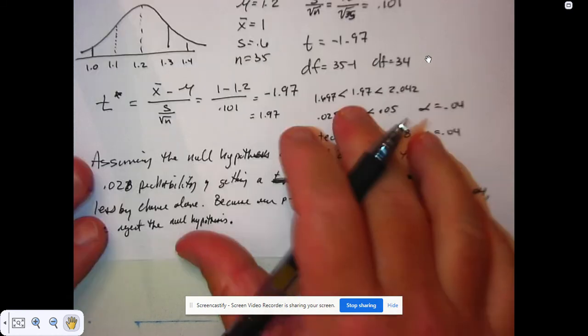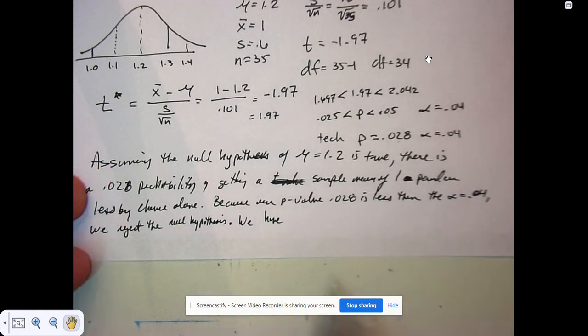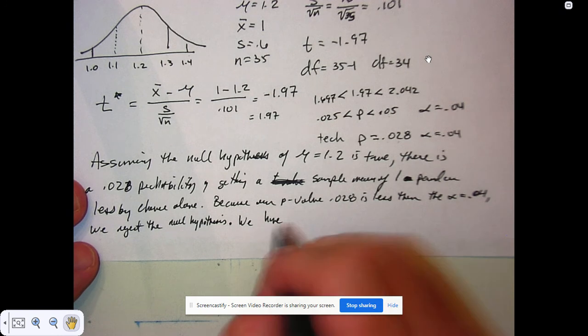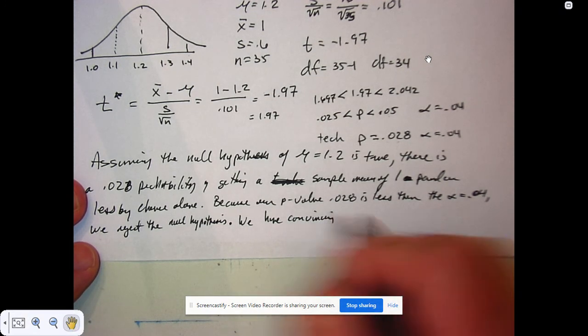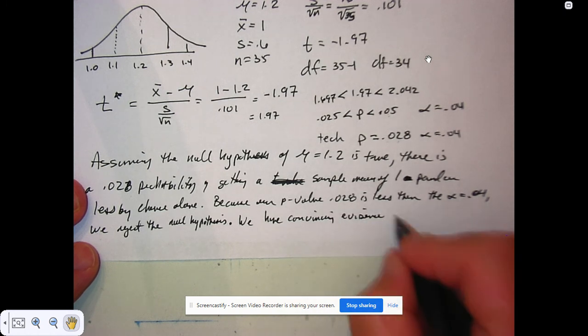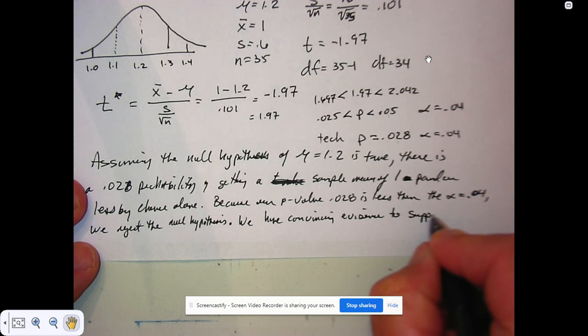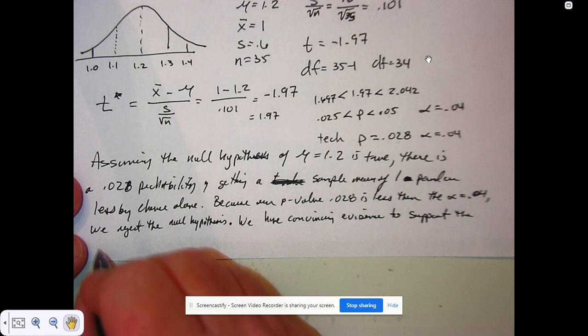And then the last thing, remember the reject was the first sentence of number 2, so we should go with the first section of number 3. We have convincing evidence to support the alternative hypothesis.